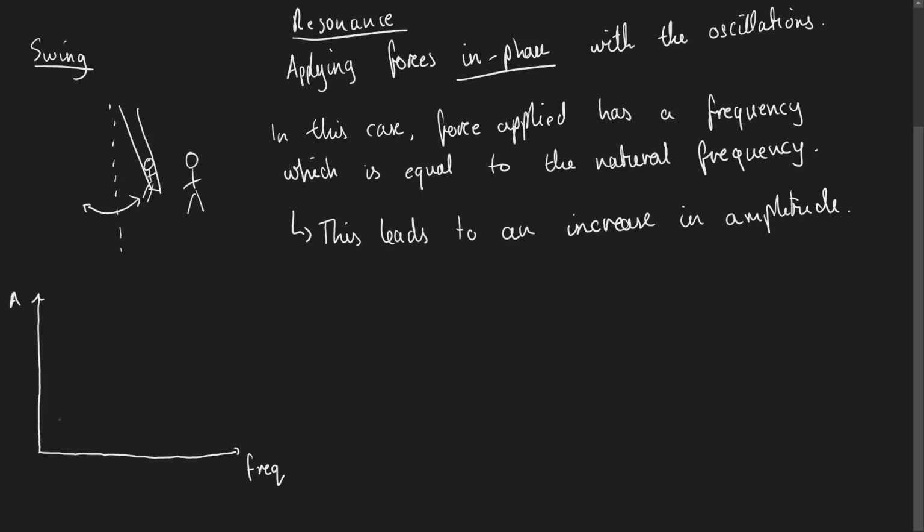Now we'll find that if we apply a force that's less frequent, some of these frequencies will be out of phase. So if we apply a force that's less frequent but still in phase, we'll end up with a slightly higher amplitude. That means that maybe every 10 swings we'll push once rather than every one swing.